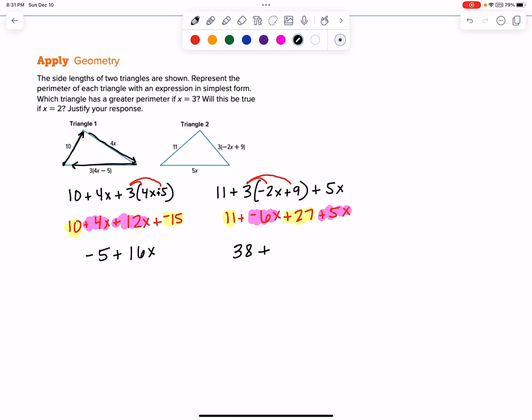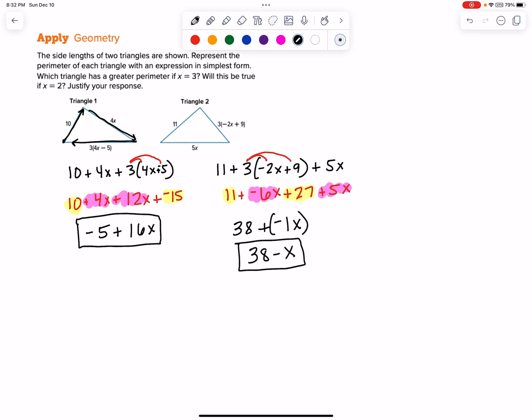And then the other one, we have a 5x and a negative 6x, so we end up with a negative 1x. I can't have this situation, so really we just have 38 minus 1x, or just minus x. So these are our simplified expressions that represent the perimeter of those triangles.